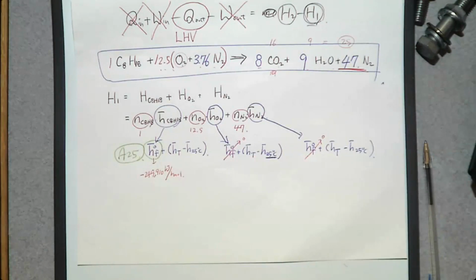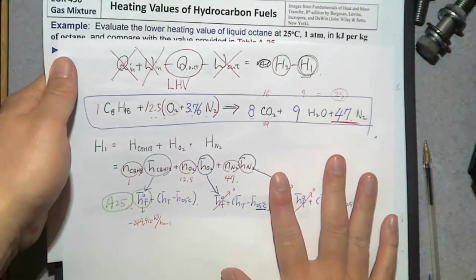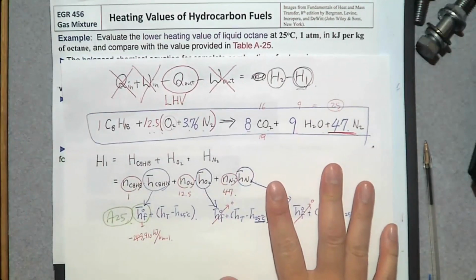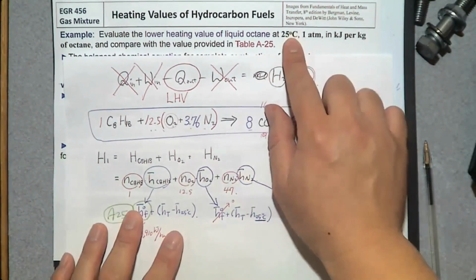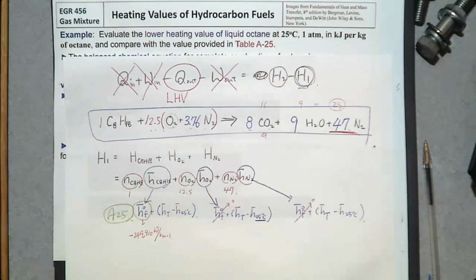Now, what is the temperature? Where was the problem? So here is the problem. What is the temperature of the reaction? 25 degrees Celsius. That is the same temperature as the standard state. So these two go away and cancel out.